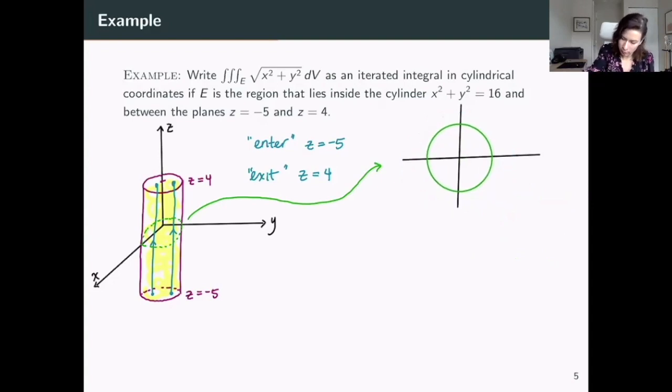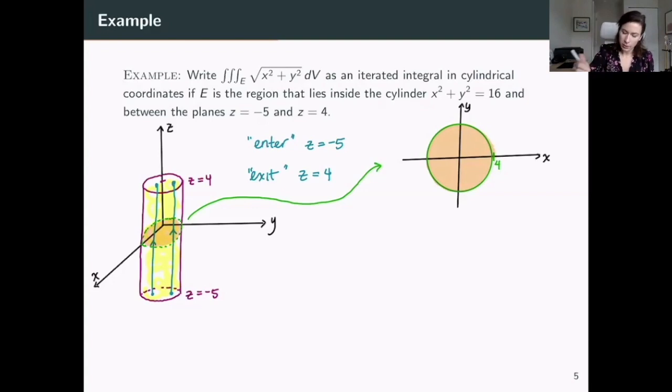So we know that our cylinder has a radius of 4. We'll see why that circle is radius 4 in a moment. But here we have, again, our y-axis, our x-axis, and the region that we need is given here. So I'm going to highlight this one orange so that we can see it a little bit better in this image too.